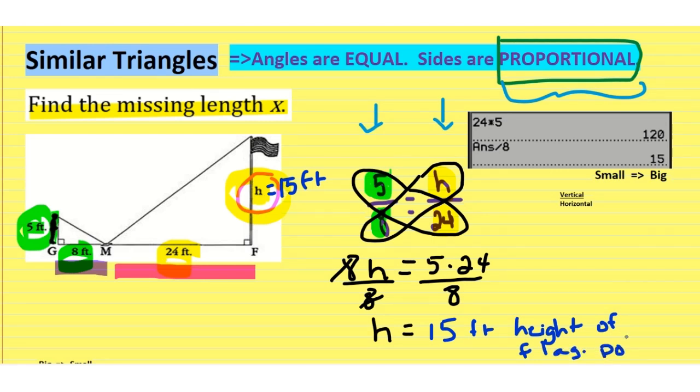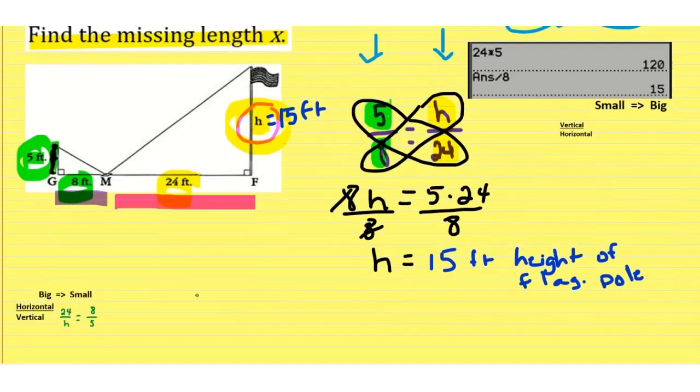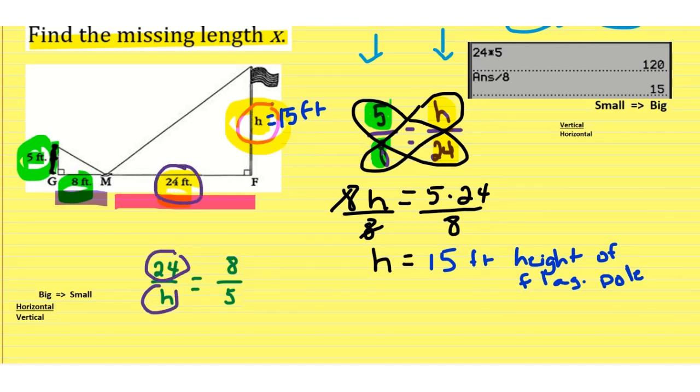Okay. But I also need you to understand that we can actually set this up differently. We can compare some other things. So we can do 24 divided by h. When would I do 24 divided by h? Okay, so 24 divided by h, that is the shadow still related to the flagpole.